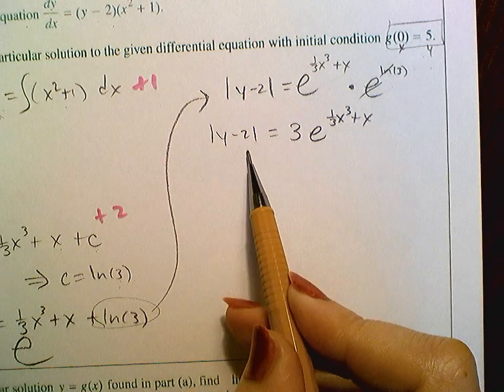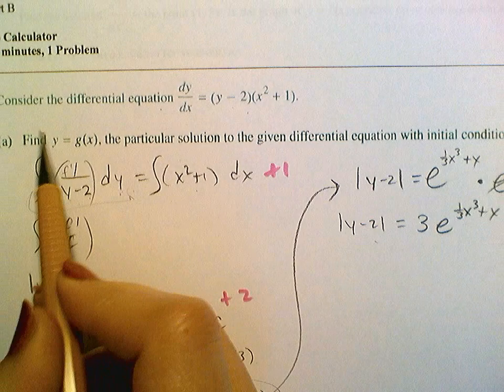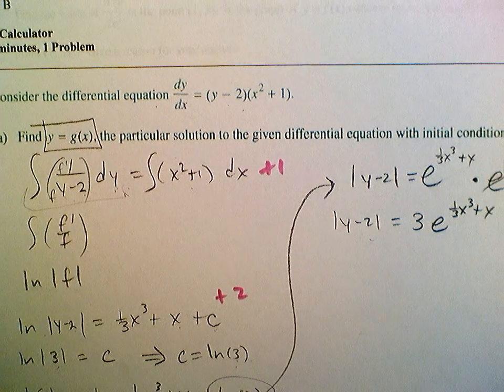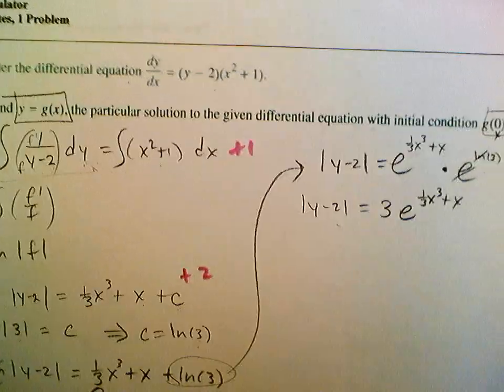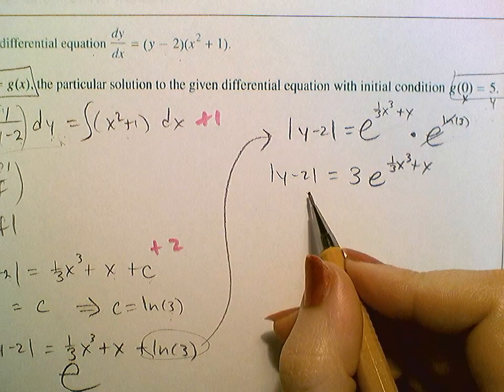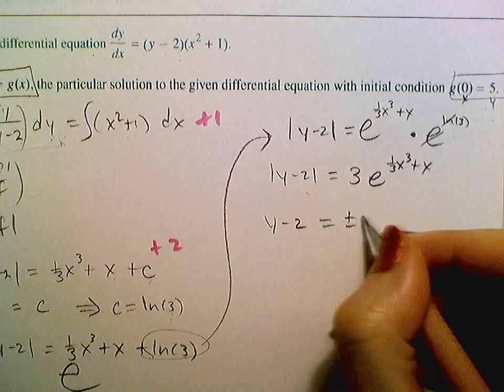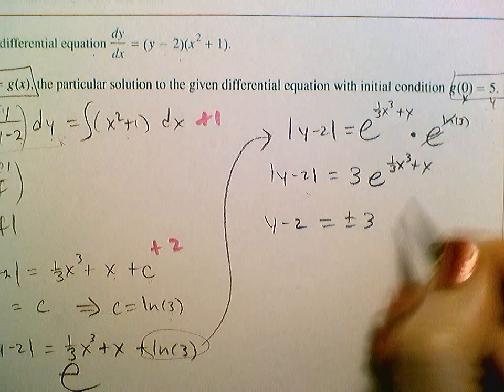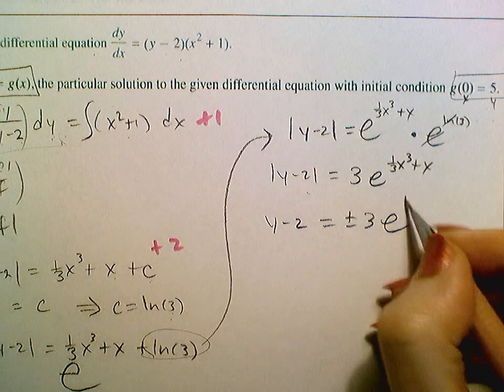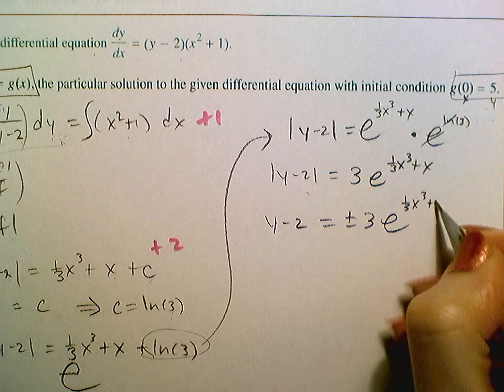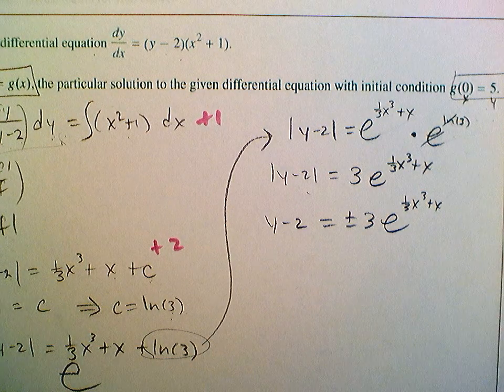Now we want to solve for y because they asked us to find that. It's a function, so we've got to solve for y. So I want to drop the absolute values, but in order to do that, I have to go plus or minus. Dropping absolute values is the same as when you take a square root. You have to account for positive and negative.